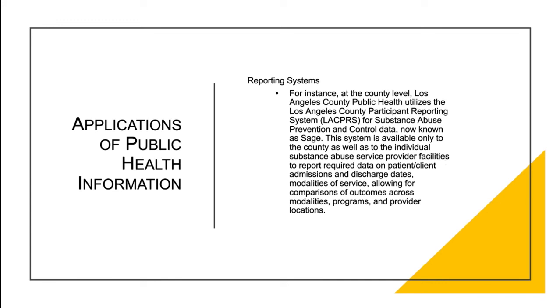It's interoperable, right? And that interoperability component means these systems are able to communicate with one another, and the LACPRS can feed that information into the individual substance abuse service providers, right, to report data on specific patients or clients, how they come into and out of the system, the type of services that they are receiving, the reasons for those services, and it allows for comparisons of outcomes across programs and provider locations.